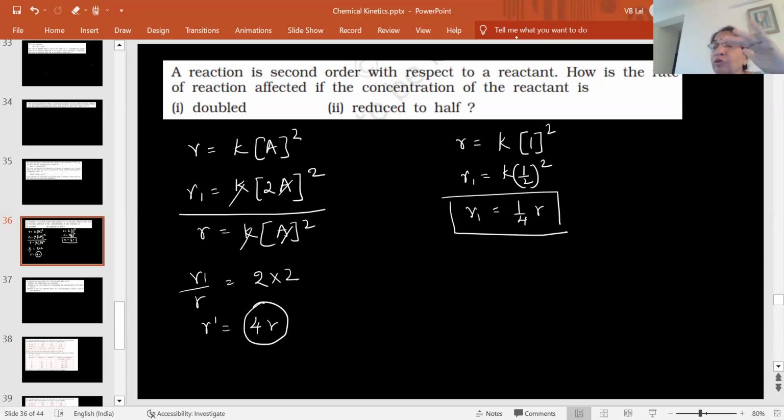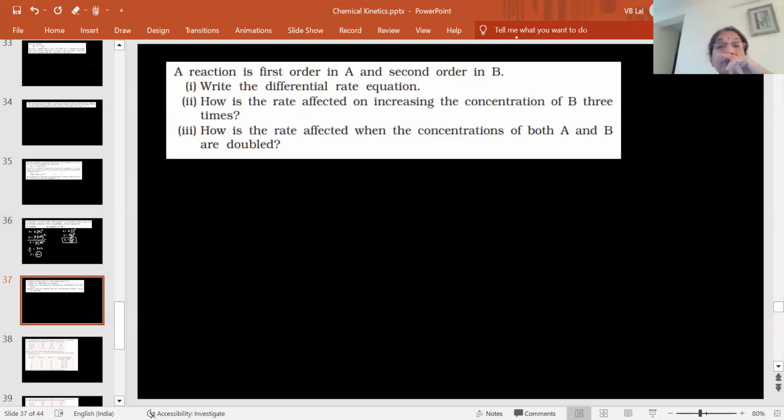Whatever times you reduce it, you write there, you will get that. So that is how you are supposed to do these reactions. There may be 3 reactants, 2 reactants, or only 1 reactant, but if you change the concentration, how will the rate of reaction change? That is how we do these questions.